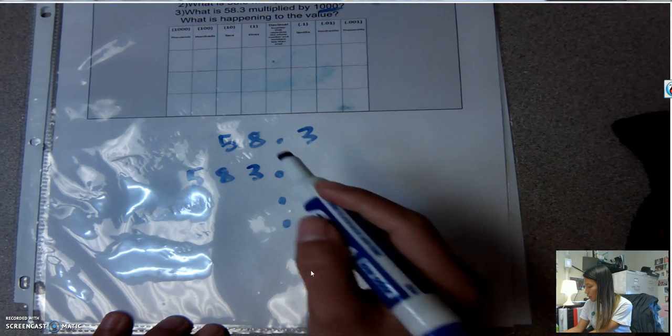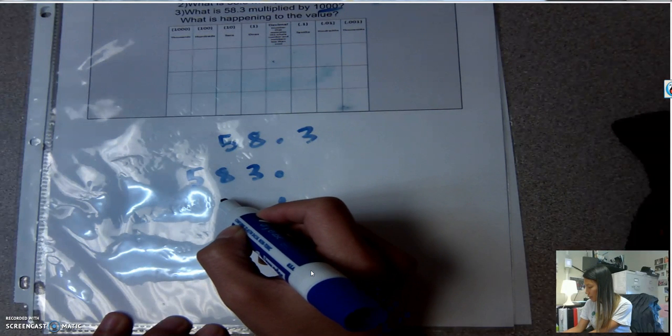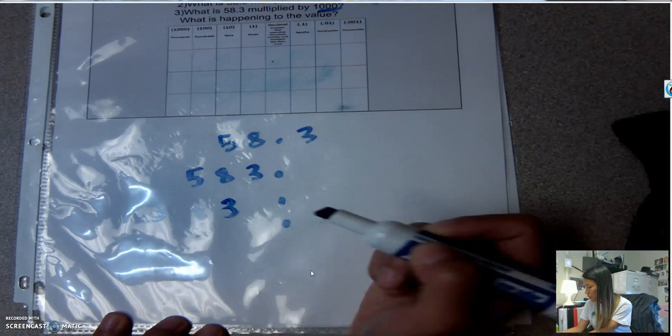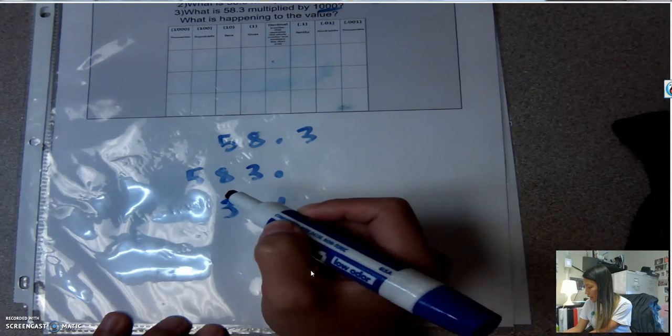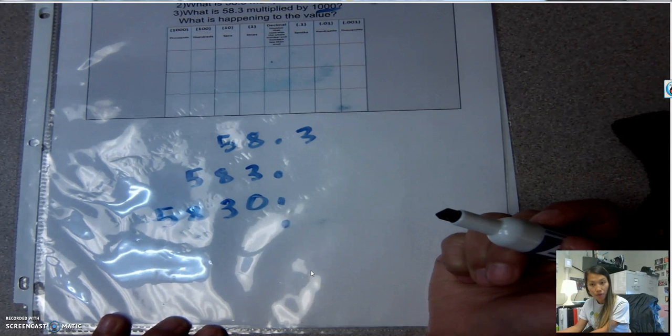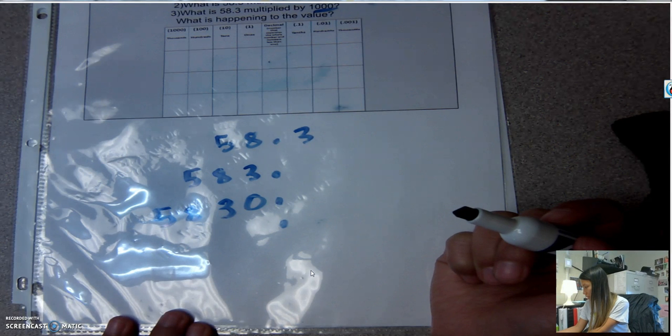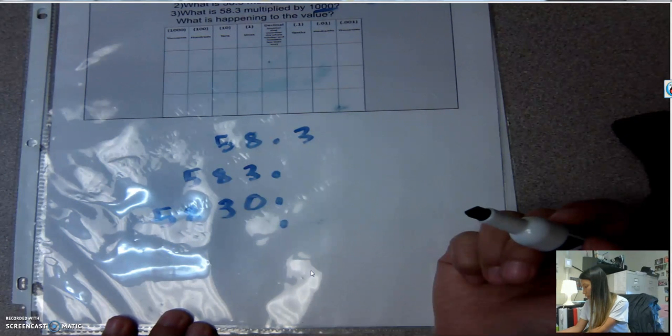Okay, and then my 3 is now in the tens place value. The 8 would be in the hundreds, and then the 5 would be in the thousands. Okay. So when I do that, make sure you put your 0 here, because if you don't, you're going to forget. Okay. So now I'm also going to shift it again.